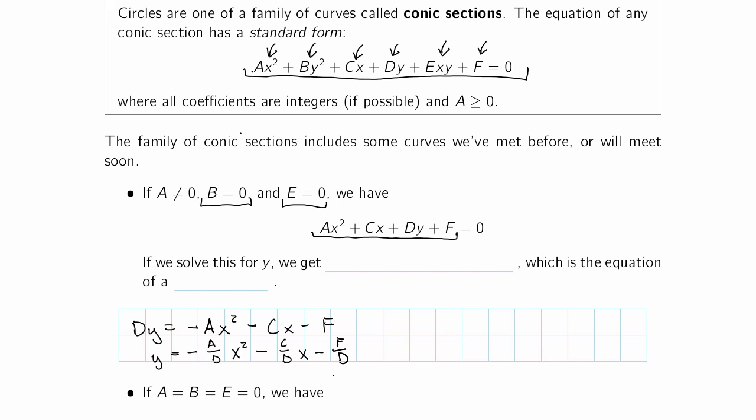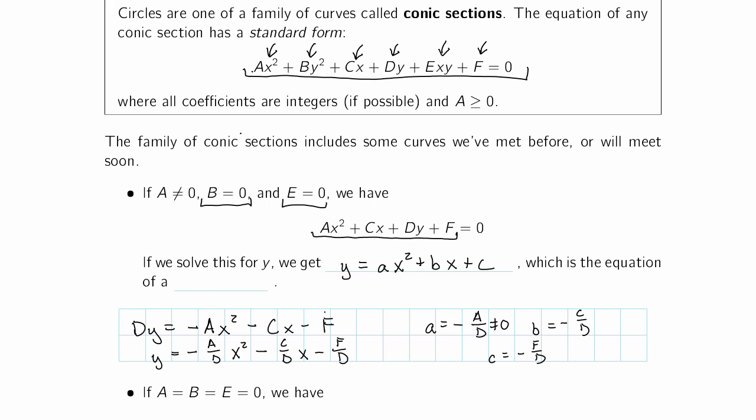That's what we get if we solve for y. That's something times x squared plus something times x plus something, where little a is negative big A over d, little b is negative big C over d, and little c is negative big F over d. And notice, since big A is not 0, that's not 0 either.